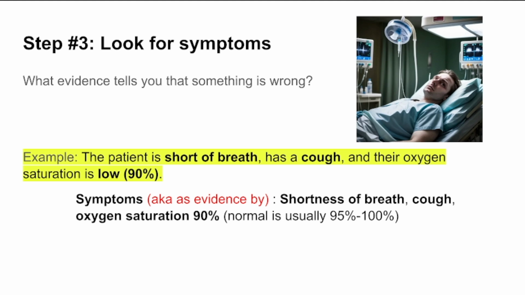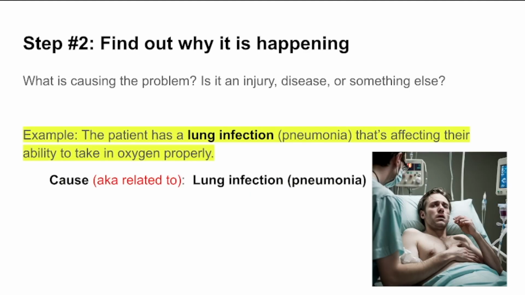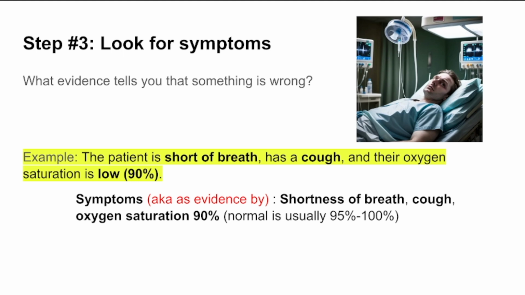Let's look for symptoms. Okay, so we assessed him, found out that he's not getting enough oxygen. And then we found out he's not getting enough oxygen because of pneumonia. He has a lung infection. Okay, so what symptoms are going to prove to us that this is the case? So the example here is the patient is short of breath, has a cough, and their oxygen saturation is low at 90%.